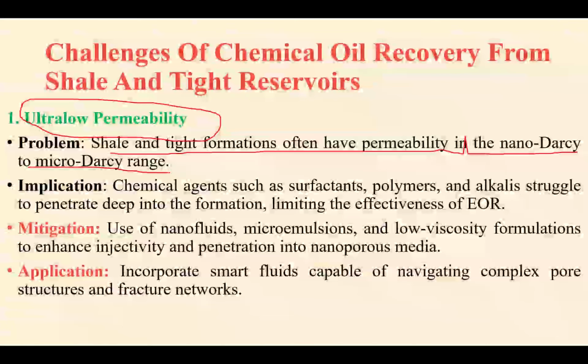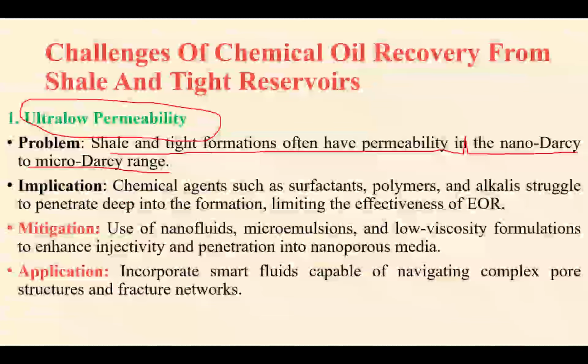There may be significant volumes available for extraction, but the amount of oil per unit volume of the reservoir may be different. And the most important is the very ultra low permeability, that is, nanodarcy or microdarcy.